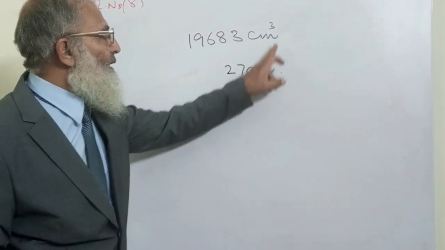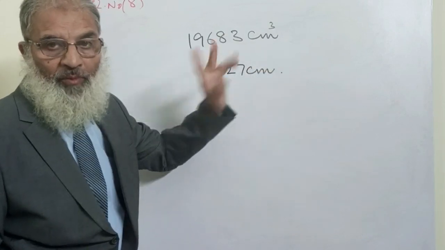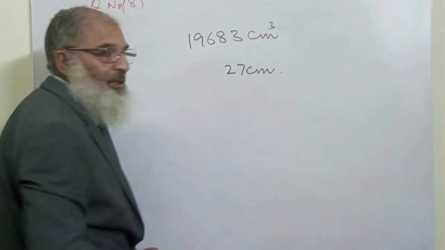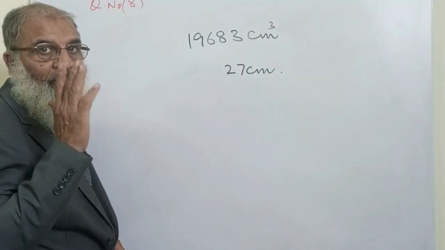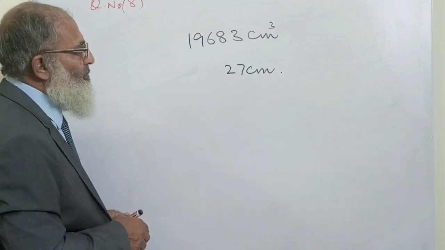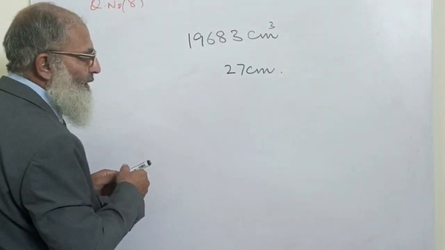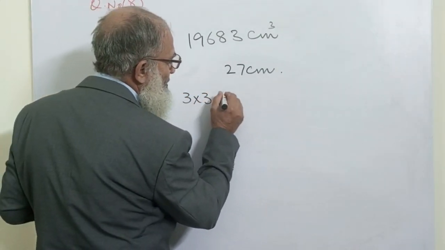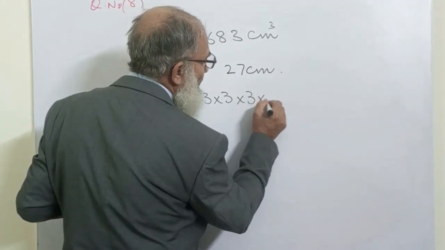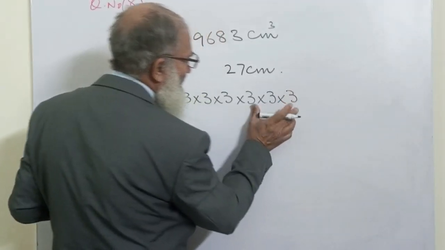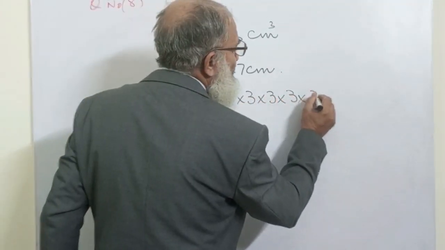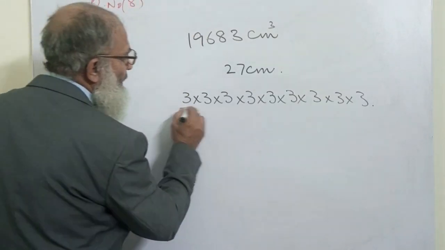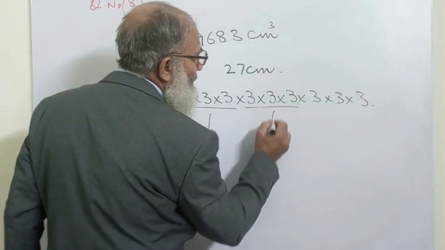Dear student, you have noticed that we have removed this cube from here, because these are three measures: centimeter multiplied by centimeter multiplied by centimeter. Just as we did it earlier, you see that this was like this, and I picked one out of each.